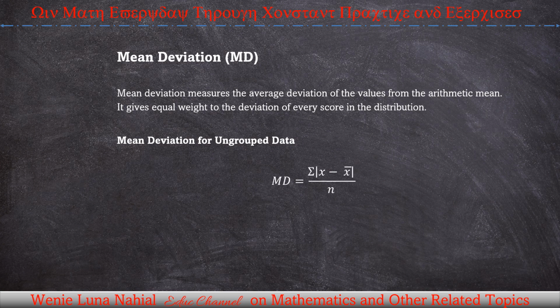Mean deviation or MD is equal to the summation of the absolute value of the individual observation or score minus the mean divided by the number of observations. So you have to get the mean of the scores and use that one in subtracting from the individual score.